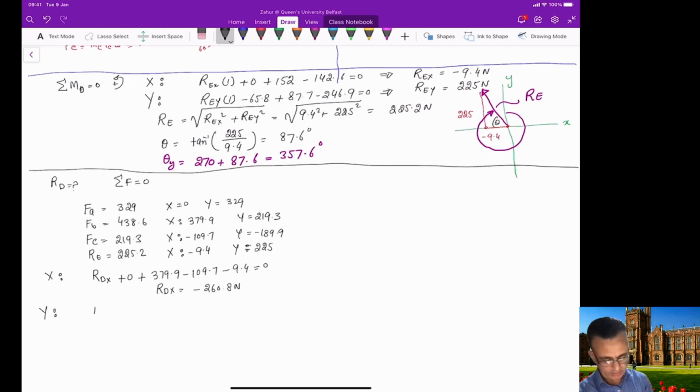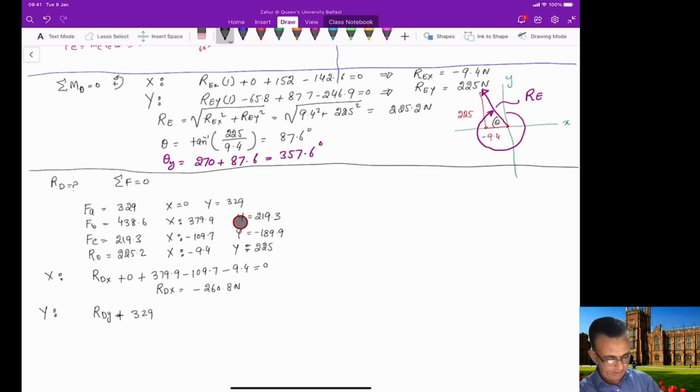And now we can apply all the forces in the y direction. So it will be RDy, and then you have 329, which is the FAy.